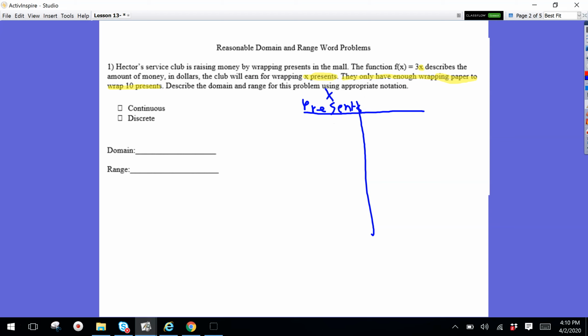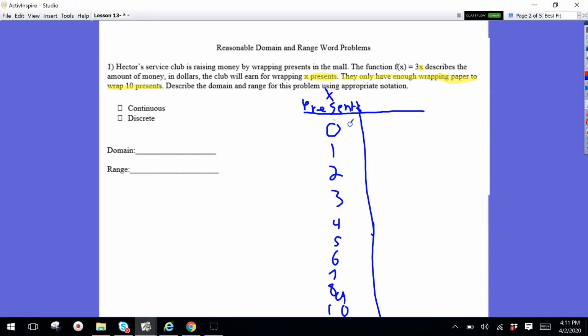And they are telling me that I only have enough wrapping paper to wrap 10 presents. Now, the least amount of presents that you can wrap is 0, because you can decide not to wrap anything at all. So we're going to put 0. Now the next amount that you can wrap is 1, because you can't wrap half a present, and then 2, 3, 4, 5, 6, 7, 8, 9, and 10.